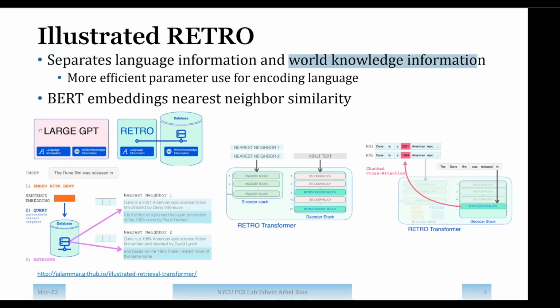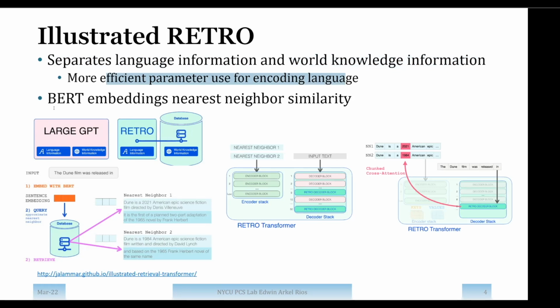So in the past, large models like GPT would have to know how to use the language, but it would also need to learn a lot of things like what's the name of the first president of the United States, or who won a certain MLB championship in a certain year. All of these things are stored in the parameters of a large model. But by actually doing retrieval, you can explicitly separate this language information from the world knowledge information. So it makes for more efficient use of parameters for encoding language.